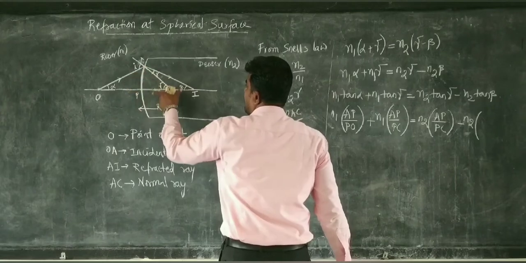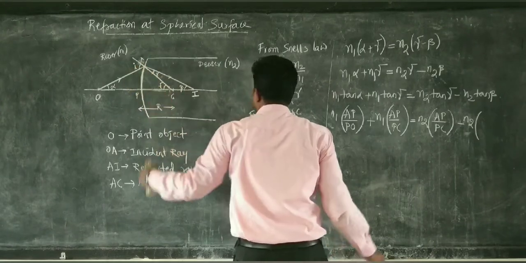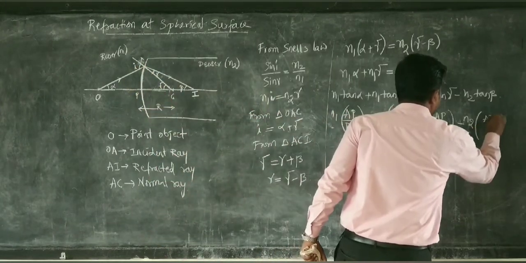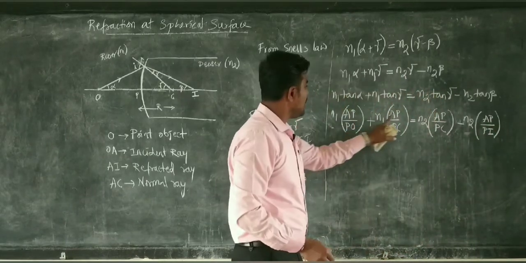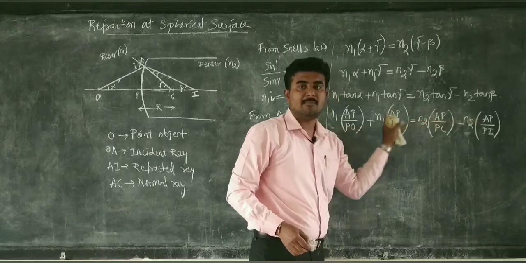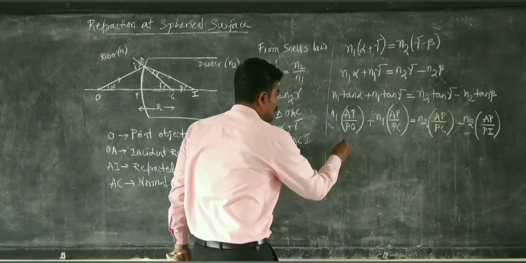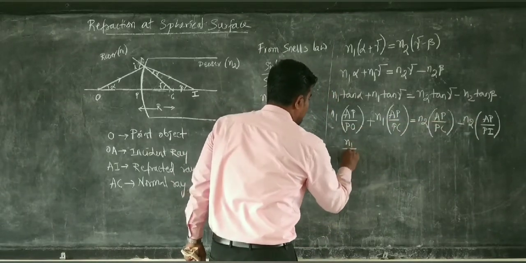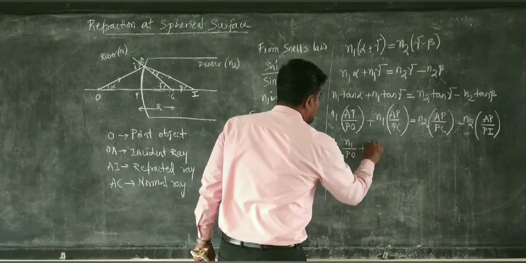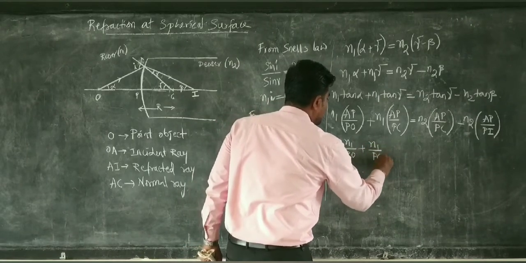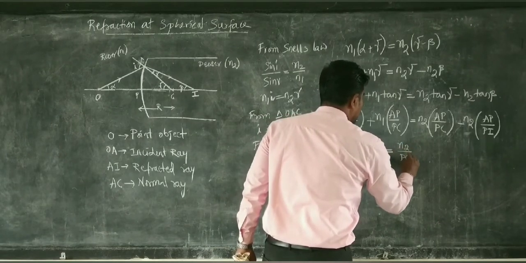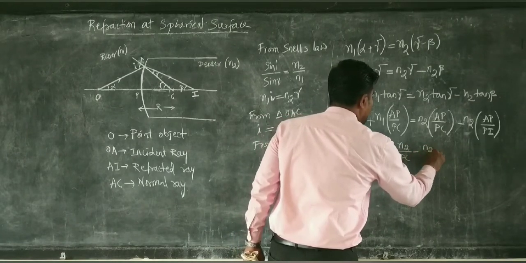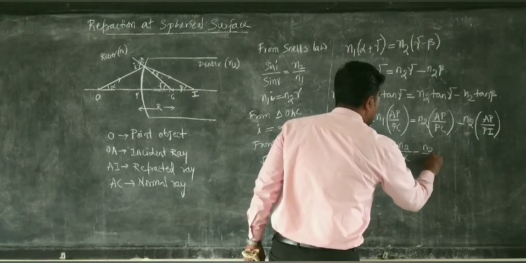Beta is opposite divided by base. Opposite is AP, base is PI, AP divided by PI. As you can observe, all the APs get cancelled. Then what is remaining? N1 divided by PO plus N1 divided by PC equal to N2 divided by PC minus N2 divided by PI.